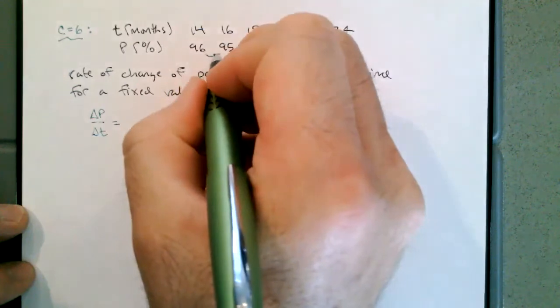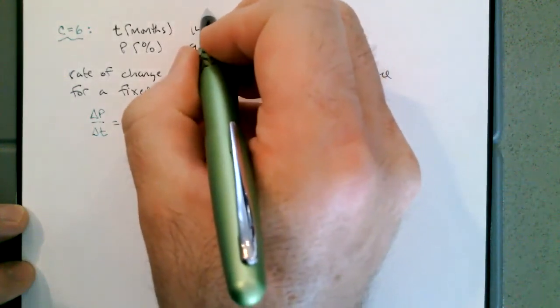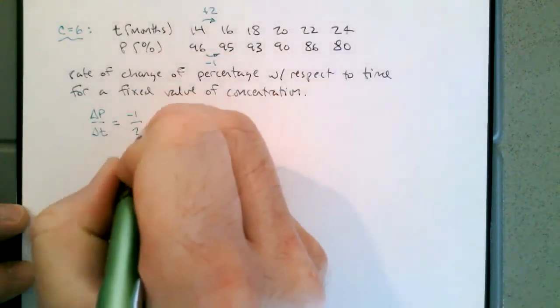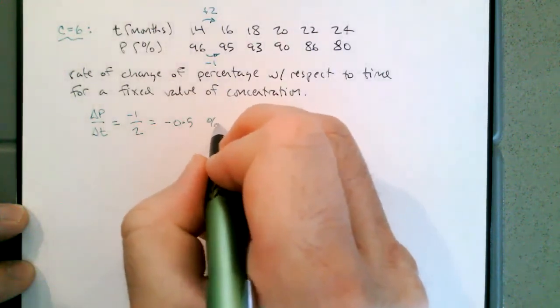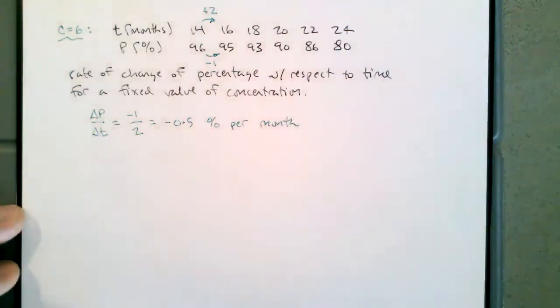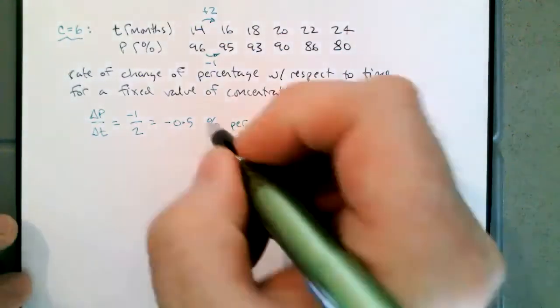And if I just do the first one here, we'll decrease by 1% in 2 months. I should have been less lazy and not written percent per month, percentage points.